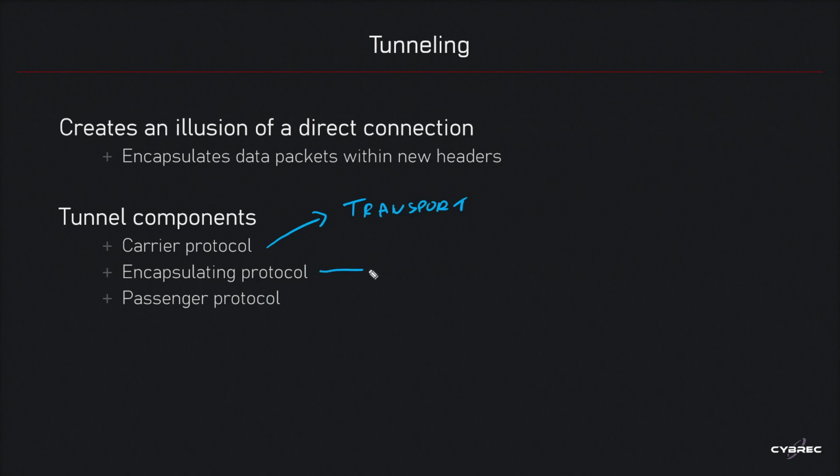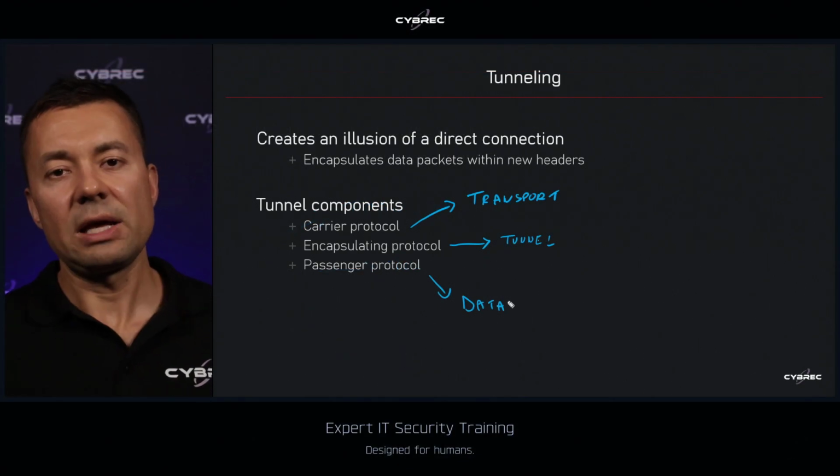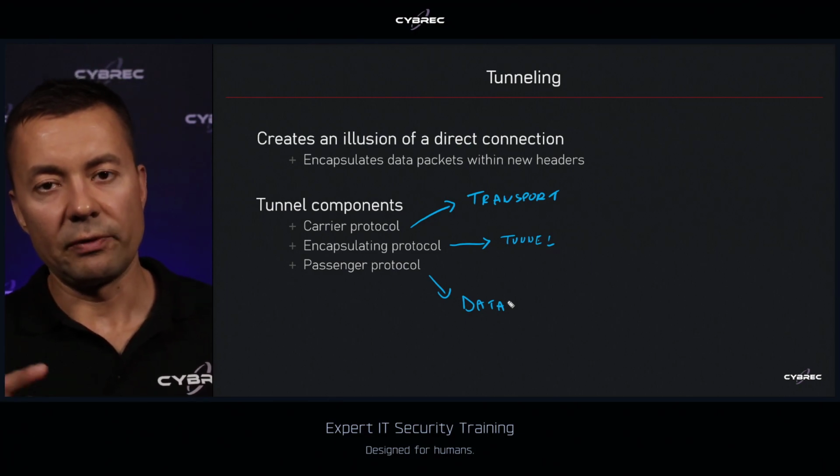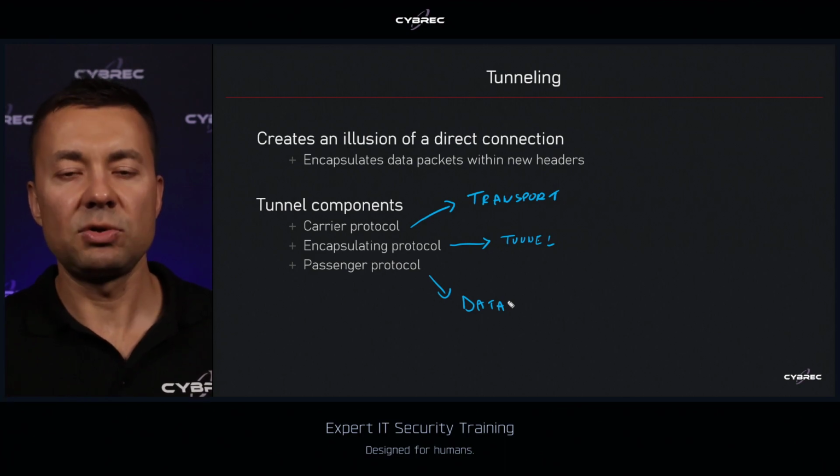Now, the encapsulating protocol is what makes the tunnel itself. This is what allows for tunneling. And finally, the passenger protocol is basically our data. So it's kind of like we take our data, which is the passenger, and wrap it in the encapsulating protocol.